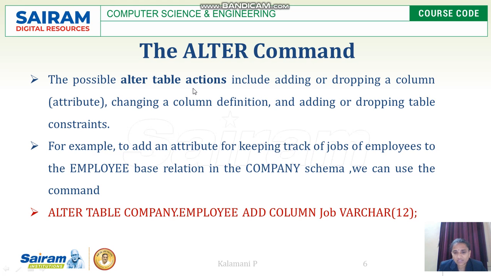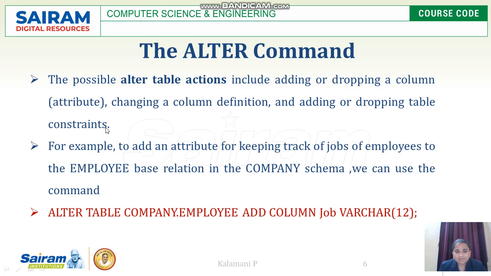That means adding or dropping a column or attribute, changing a column definition, or adding or dropping table constraints. Constraints and attributes can be added, dropped or modified with the help of the alter command.